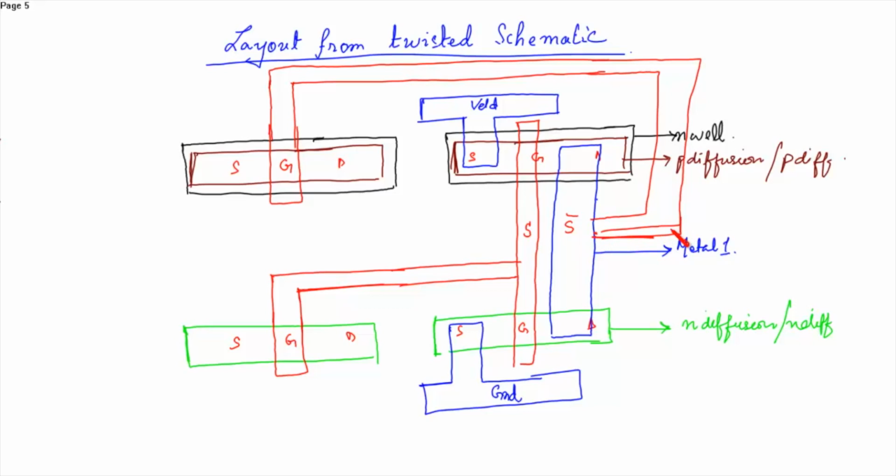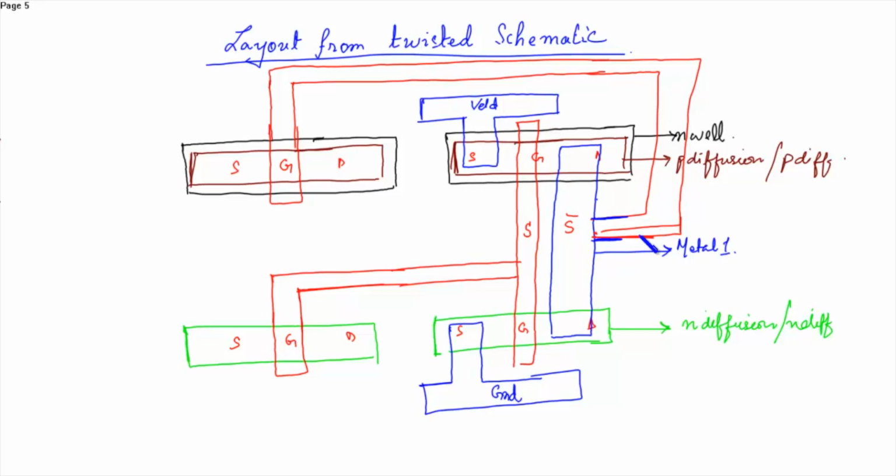Now you can see there's a connection between the poly and the metal contact. You can see this region where there is poly and there is metal.